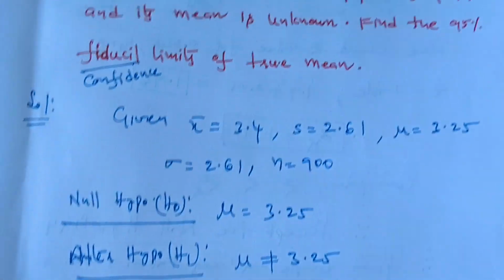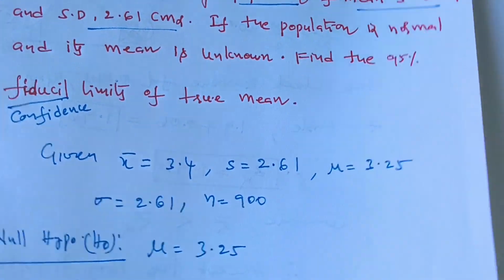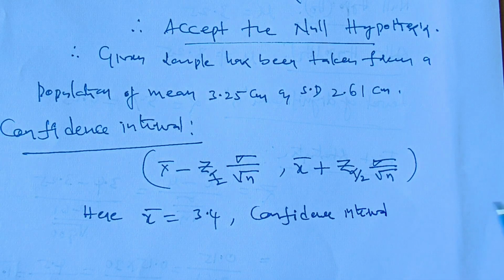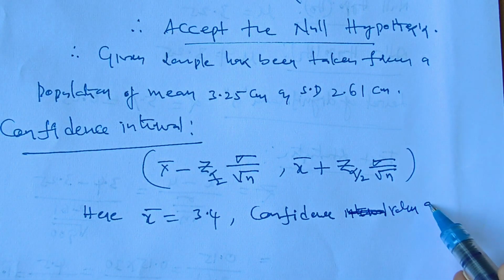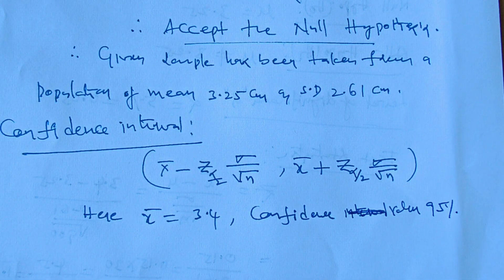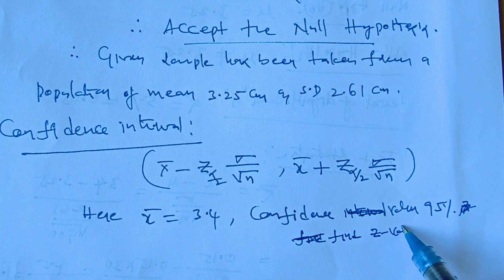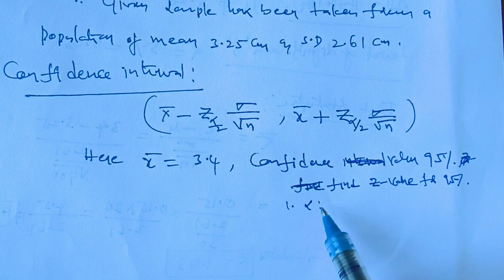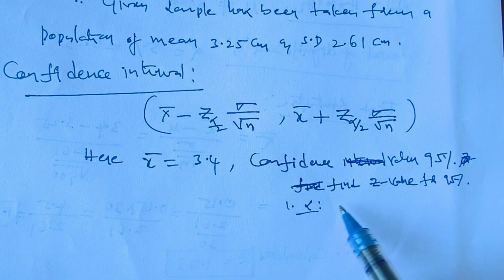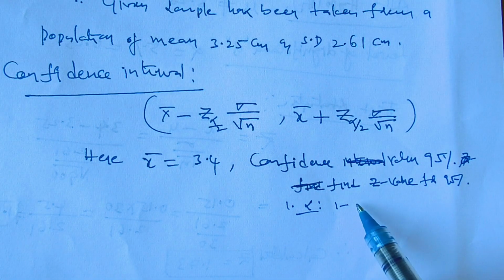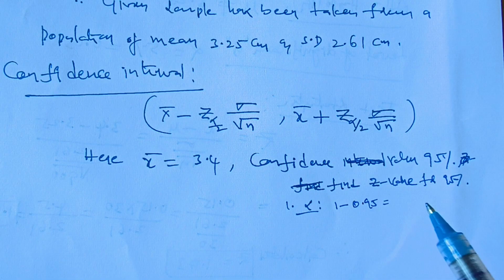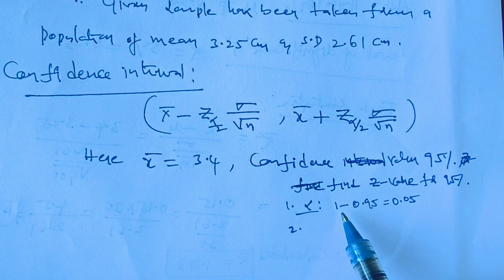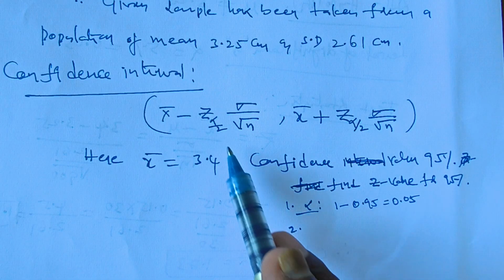For z alpha by 2, for 95% confidence interval, we need to find the z score or z value. How we find the z score for the given confidence interval was explained in detail in the last video. Please check it.